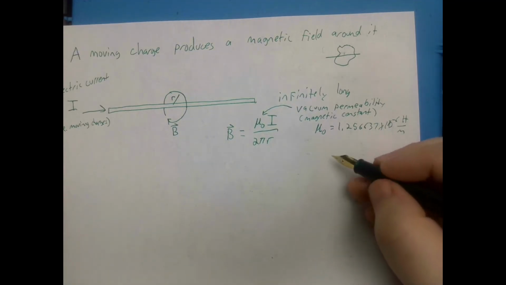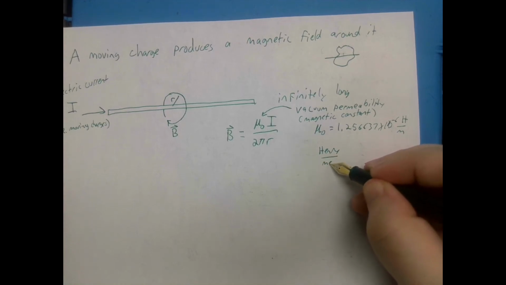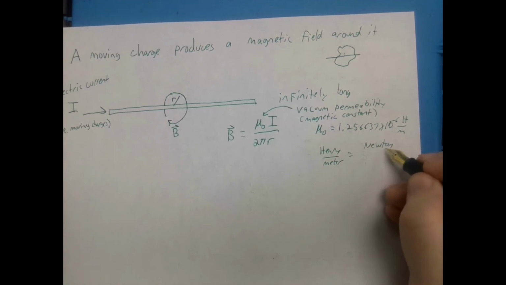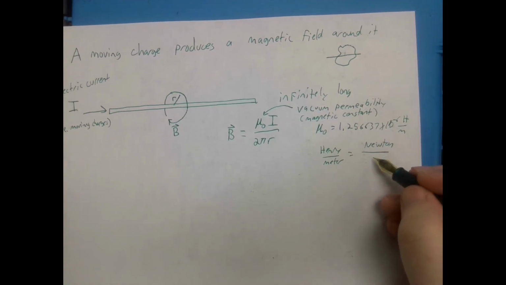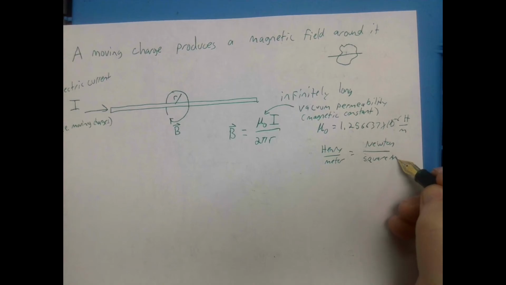A Henry per meter is equal to a Newton per square ampere. And we'll stick with that.